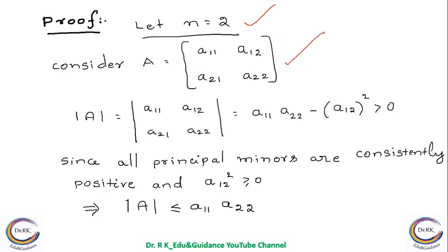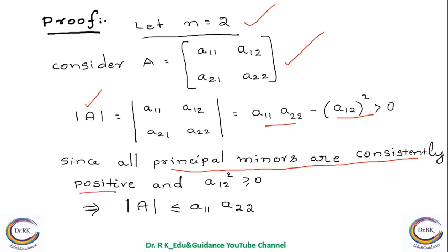So now let us take a 2 by 2 matrix, for example A11, A12, A21, A22. If we take the determinant, this is A11 A22 minus A12 whole square. This is always greater than 0, right? As discussed, all principal minors are consistently positive.